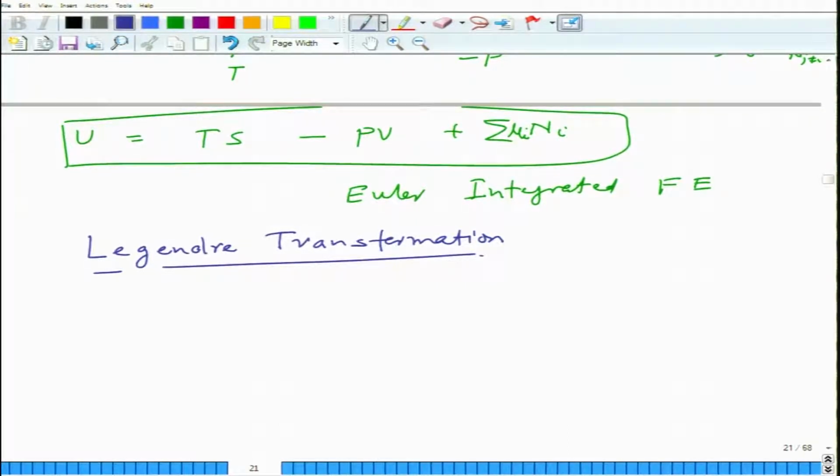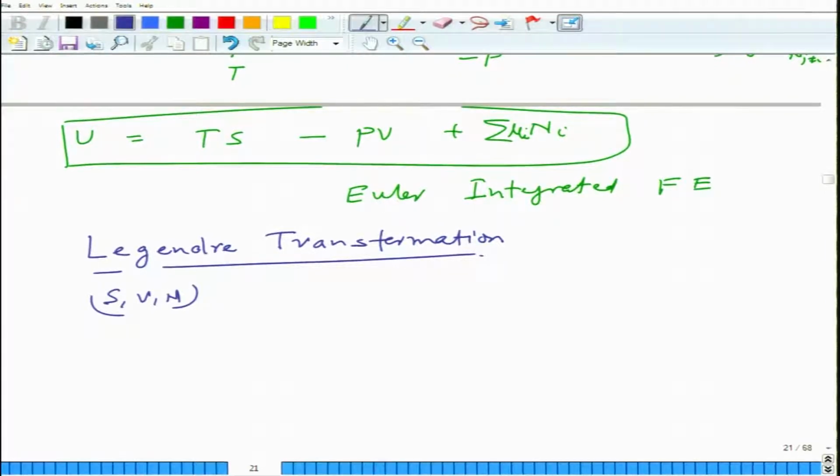The reason being that our natural variables, for example for U, are S, V, N. Though it is possible in principle to control these variables, it is much more difficult in practice. The much more common variable is temperature, because you can easily put your system in a controlled bath and maintain the temperature.